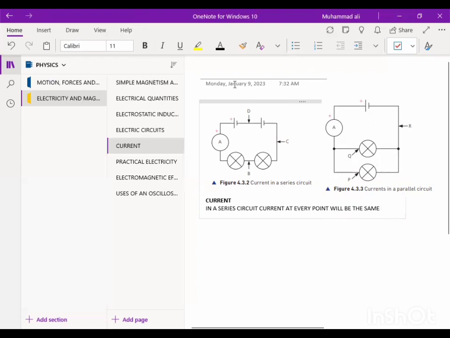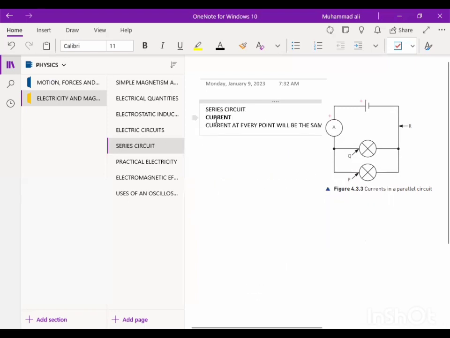Let's first do all of this for a series circuit and then for a parallel circuit. Right, so this was the first thing, that your current at every point will be the same, right?